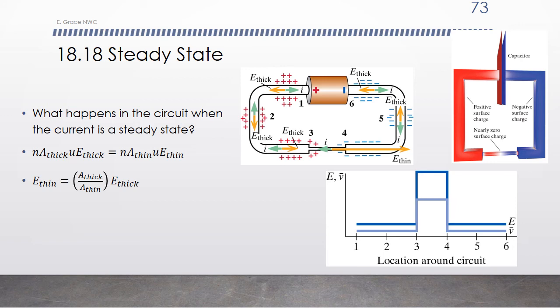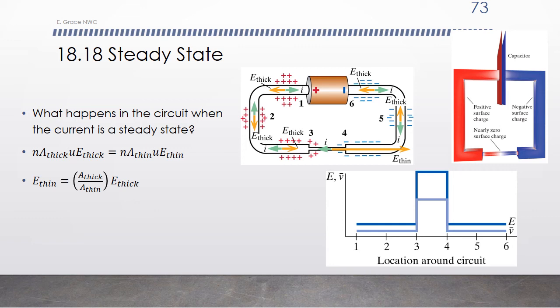And what would happen exactly when the current is in a steady state? Then you'd have N a thick u_e thick equal to N a thin u_e thin. By the way, as I've said before, you can understand water flow through similar means. So you would see the electric field go up in the section of the thin resistor.